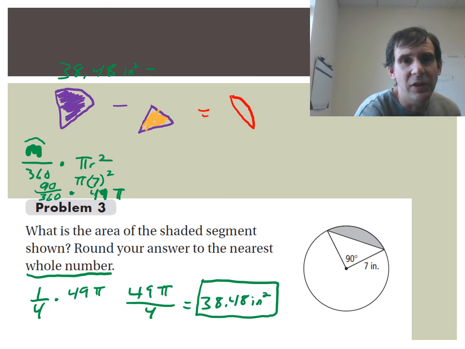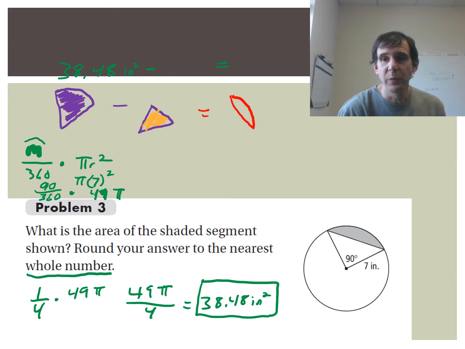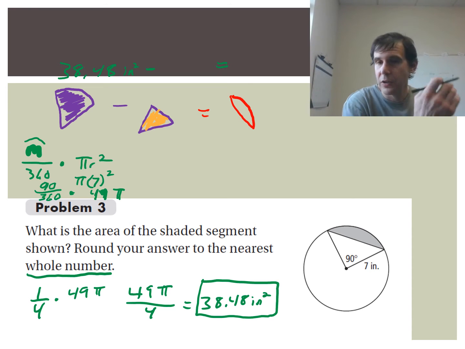Okay, so next I need to find the area of this particular triangle. Now, this is going to take using some previous knowledge. So I've got a 90-degree angle there. I've got a radius of 7 inches. So what can I do now to figure out what the area of this particular triangle is?